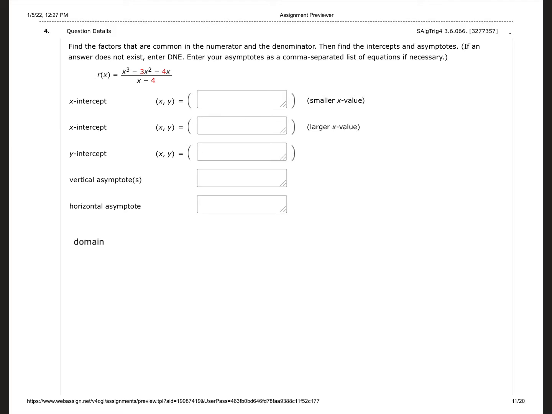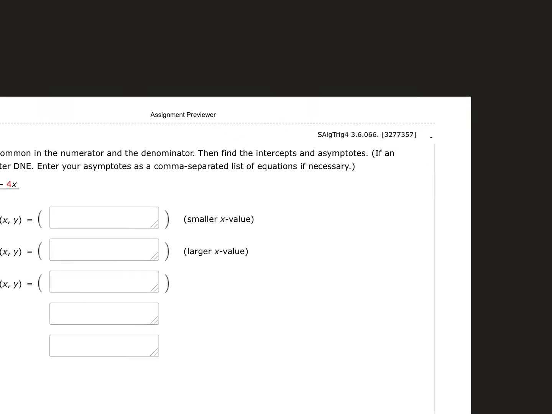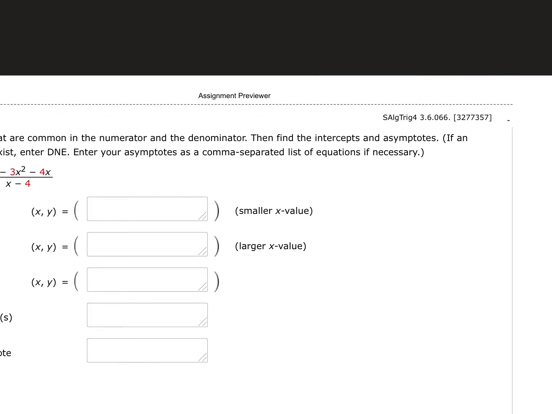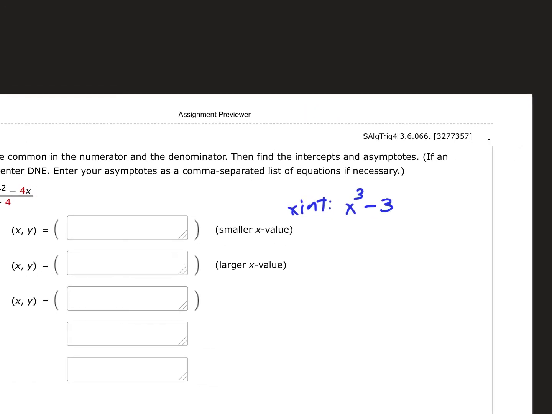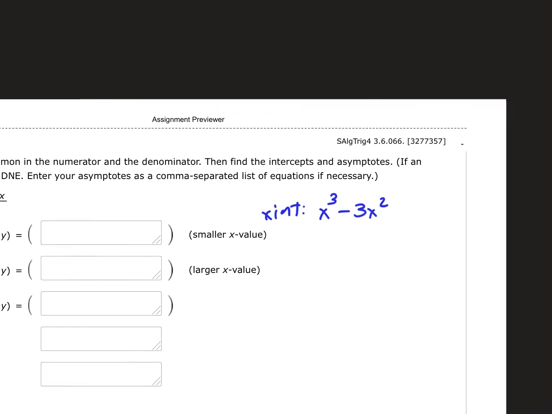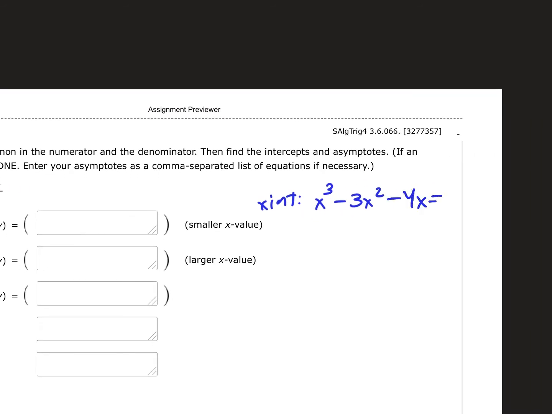All right, this one looks a little different. This is why I put it on here. It's not any harder. We do the exact same thing. If we're going to find the x-intercepts, where do we look? Numerator equal to 0. So x cubed minus 3x squared minus 4x equals 0.